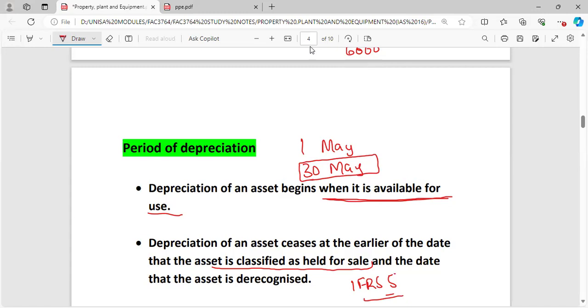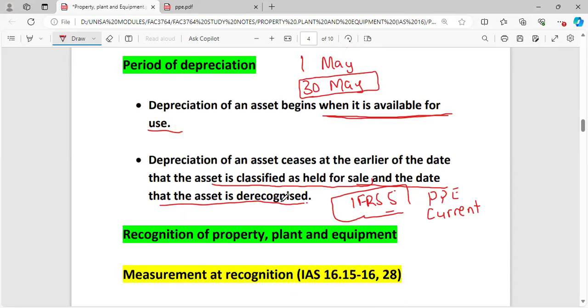And you will also see that when the asset is transferred to assets held for sale, it no longer becomes PPE, it now becomes a current asset. So you will no longer depreciate a current asset because it's waiting for sale. It's no longer used in production.